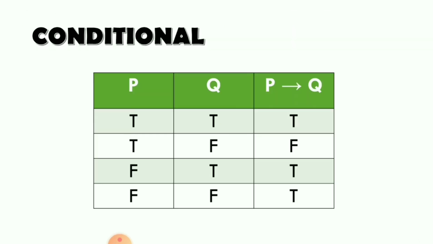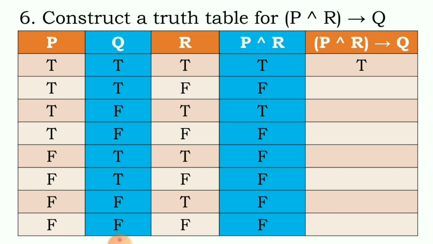We'll be needing the truth table for the conditional, wherein it will be true if the conclusion is true or if both the hypothesis and conclusion are false. So the conclusion is the proposition Q. So we have true and true, that is true. False true, that is also true.